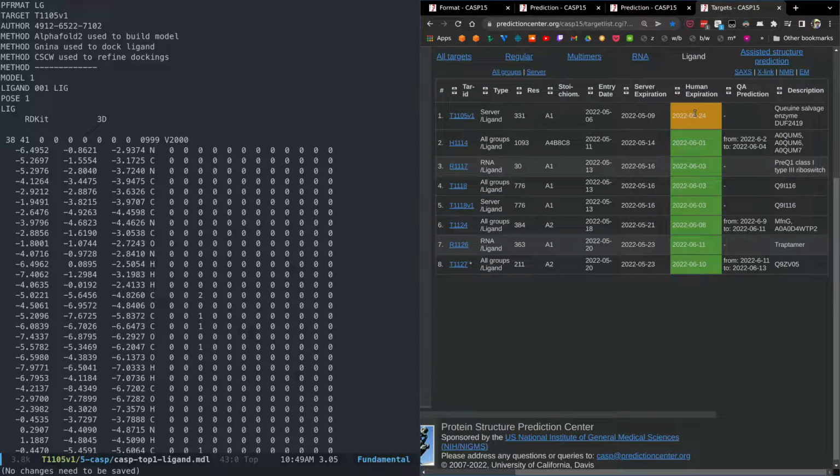And that should be today that it's expiring. Quinine salvage enzyme.